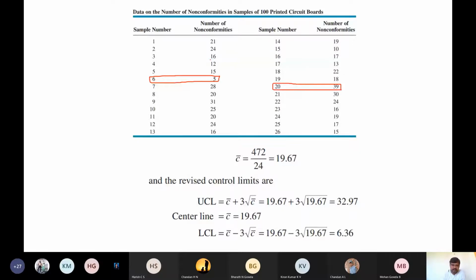If the number of defects is less, that is a good sign. But the problem is that it may be because of improper inspection that you are getting fewer defects. That's why even for this type of control chart you have a lower control limit, because if inspection is not done properly, you may get a smaller number of defectives.